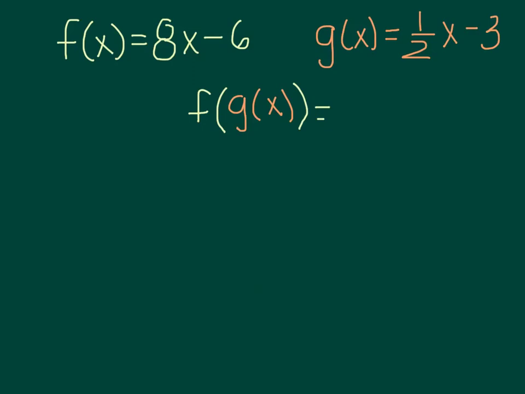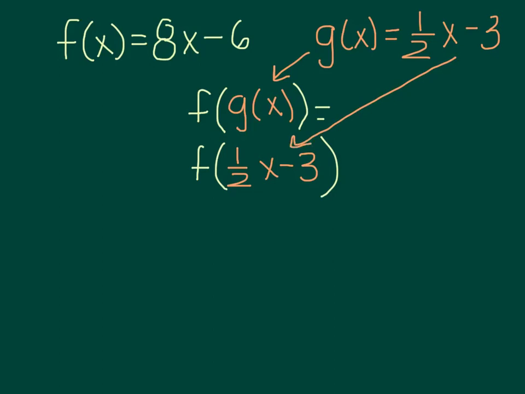Let's look at one more example. This time we have two new functions, a new f and a new g. And I'm still looking for f of g of x. So again, the basic idea here is that I'm actually doing f of 1/2 x minus 3 because that is g of x. So we have g of x and then we just changed it out to what g of x equals.